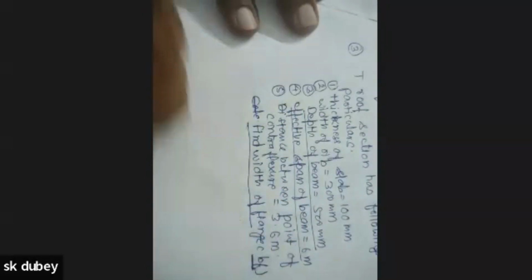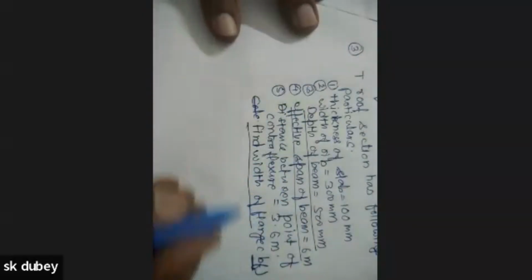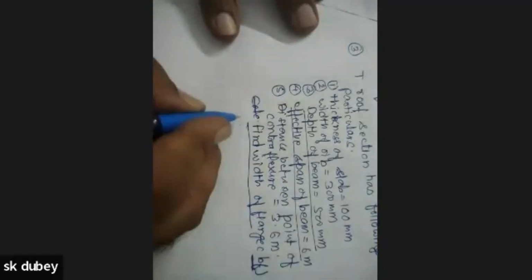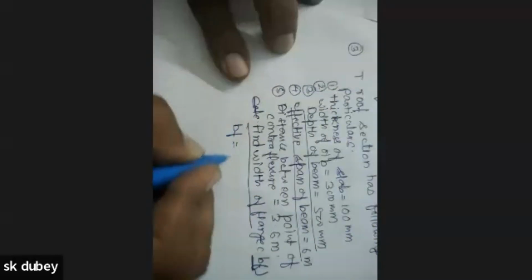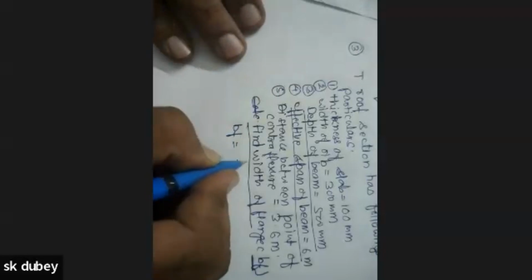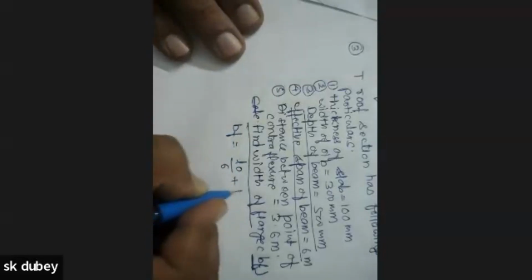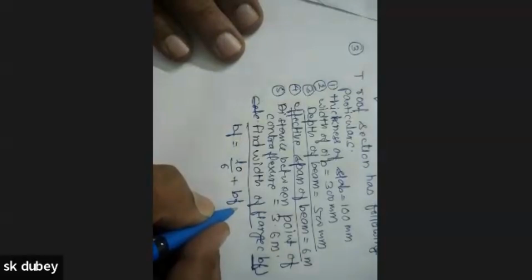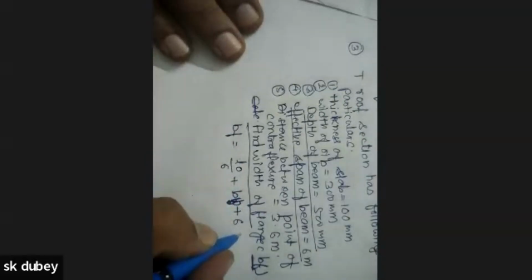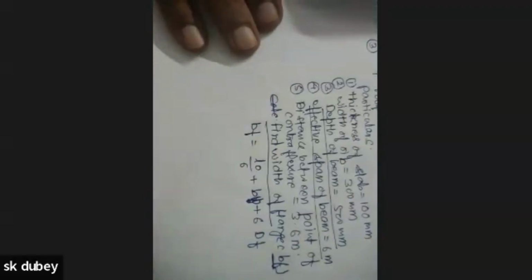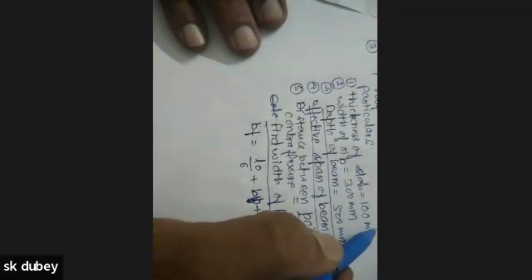The effective span of beam is also for bluffing. Actually, for a T beam, the formula is bf equals L0 upon 6 plus bw plus 6 times Df. So here we will utilize only the slab thickness of 100 mm, the width of rib, and this 3.6. Unnecessarily they had given the other data.